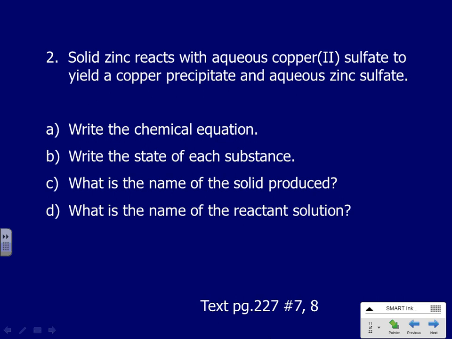So here we've got more of just a statement, a description of the chemical reaction itself. We could go to the word equation and then the chemical equation, but I think we could do it in one shot. I think we could go straight to the chemical equation.